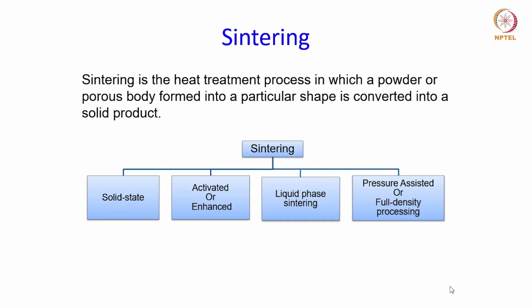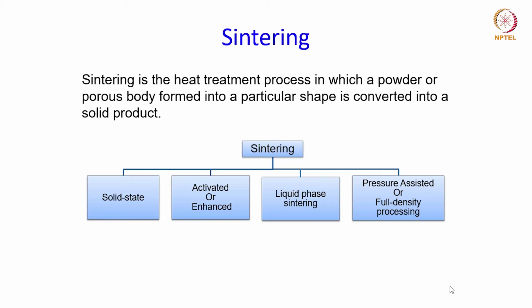Sintering is the heat treatment process in which a powder or porous body already formed into a particular shape is converted into a solid product. So in the powder metallurgy process, the loose powder mass is first compacted and a particular shape is given to it, and then in order to close all the pores and to densify it, it is heated at a particular temperature for a certain period of time.